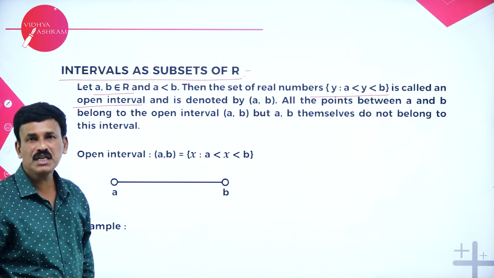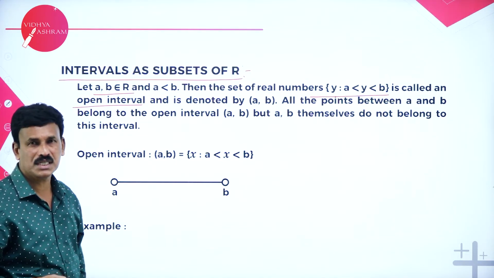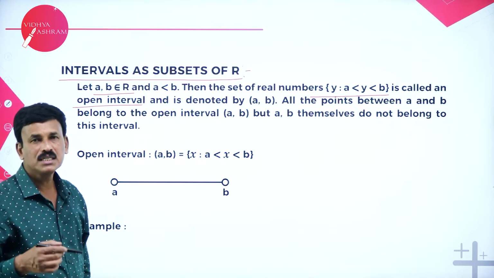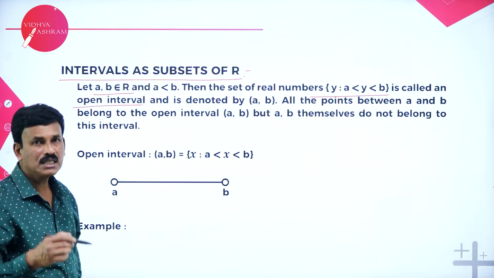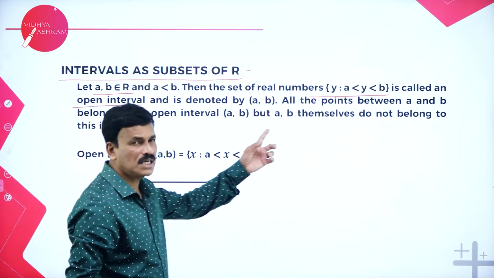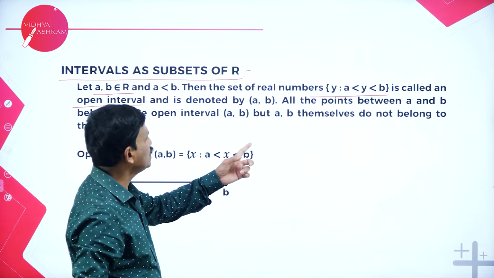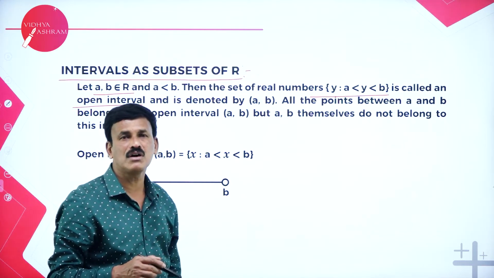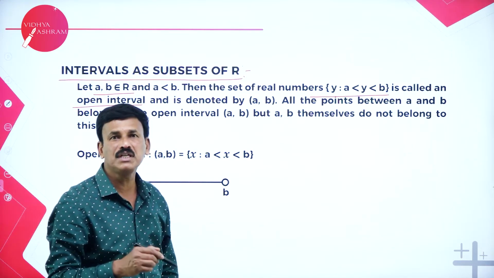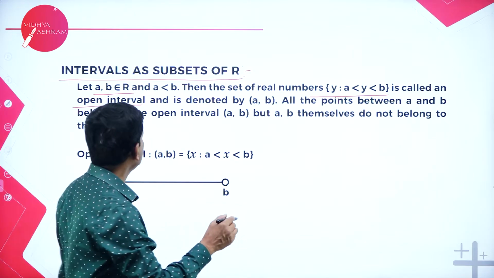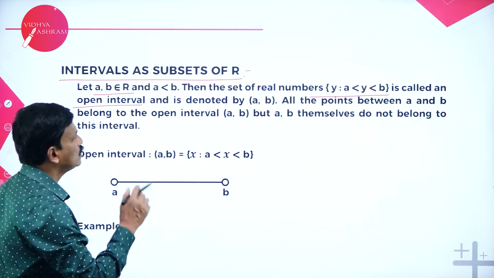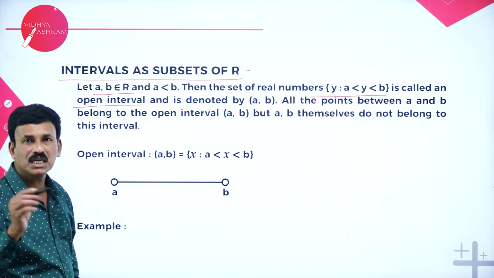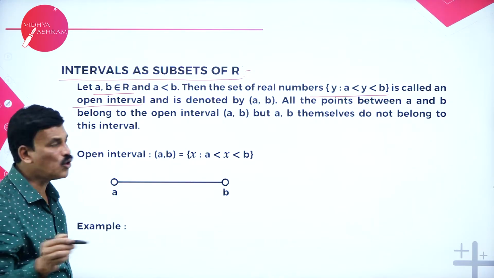That is, if a and b are any two elements of the set of real numbers, if a is less than b, then the set of all real numbers y such that a less than y less than b, meaning all the values of y which lie between a and b, is called an open interval.